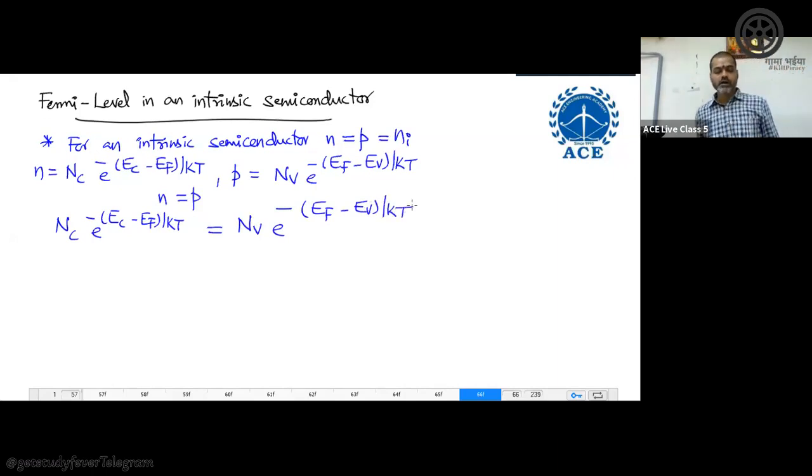Please do some rearrangement and find what Ef is. Take Nv to this side or Nc to this side and the exponential to the other side, apply the natural logarithm on both sides, and rearrange the terms. Please make it fast.